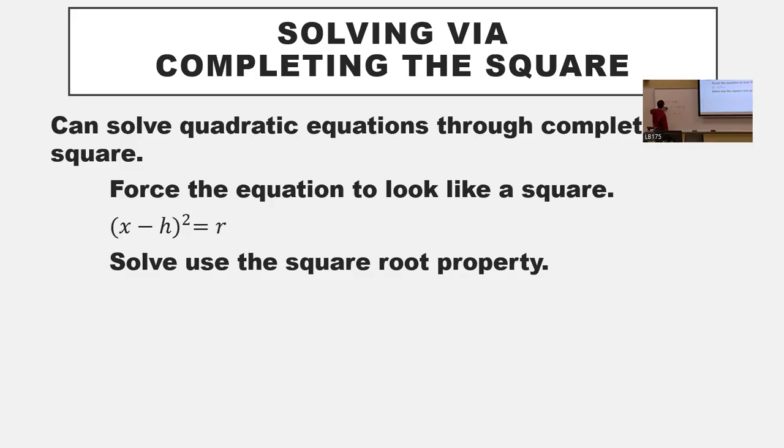Completing the square is just essentially one more, albeit fairly complex step to using the square root property. It says, what if my equation doesn't have a nice x minus something squared in it? Completing the square says, let's force it to have x minus something squared if it doesn't already.